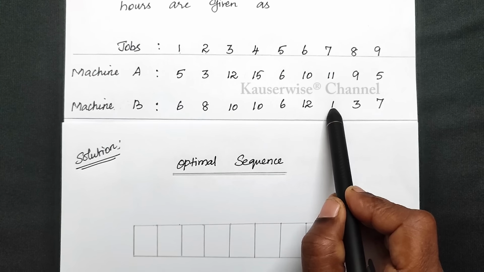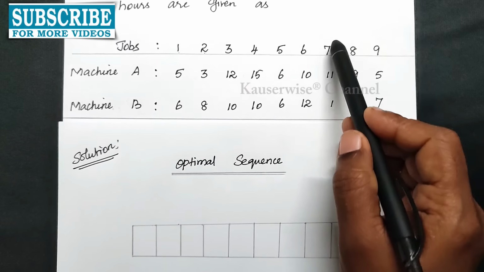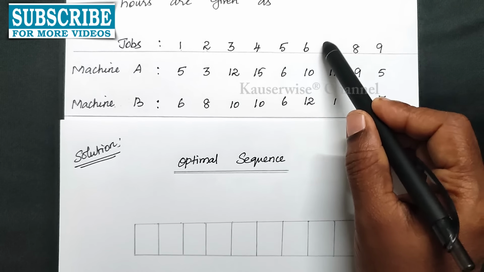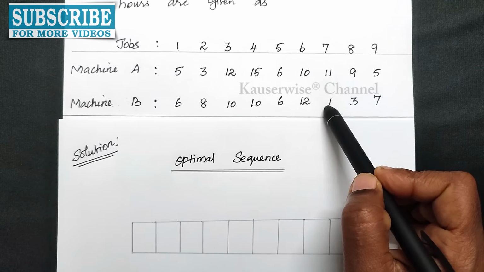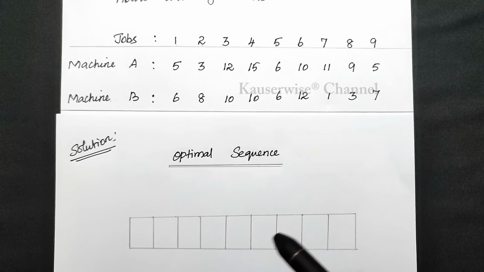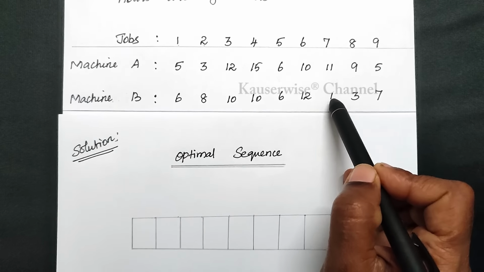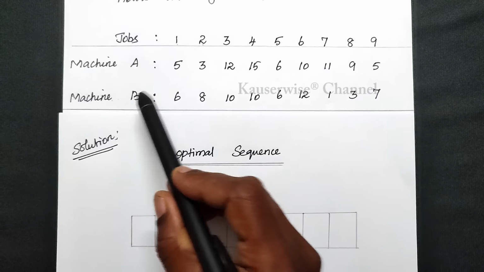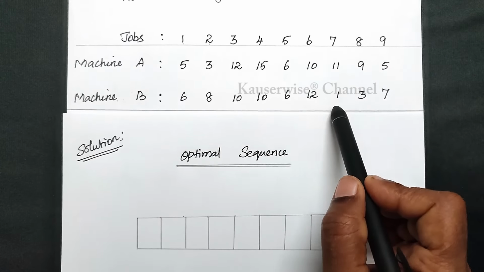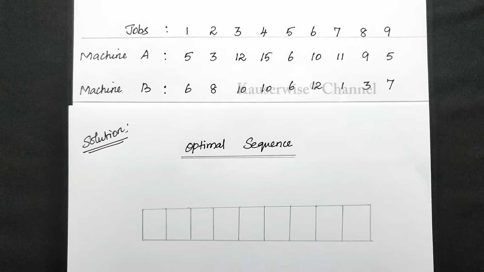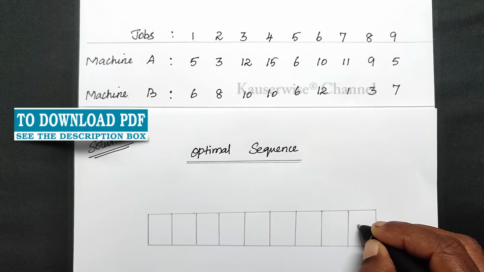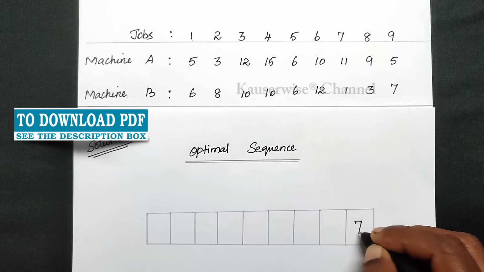This occurs on machine B and 7th job. So, this 7th job has to be assigned in the backward direction, because the minimum duration occurs on machine B. So, we assign this particular job in the backward direction first. Job number 7 you have to assign here in this order.